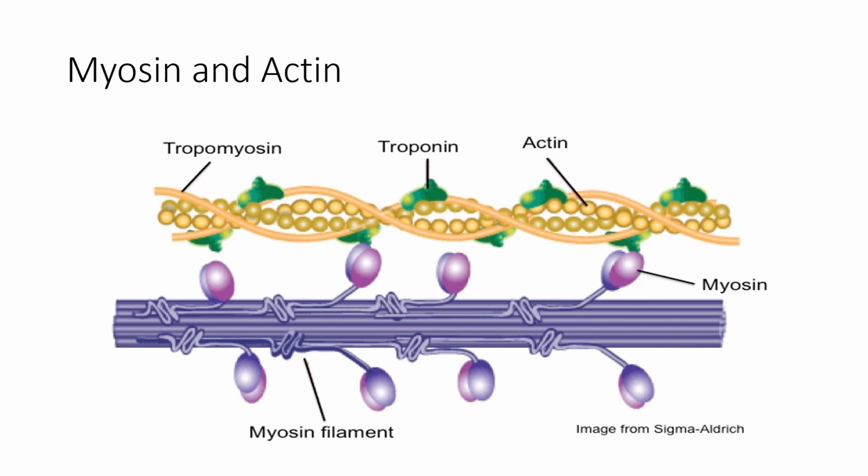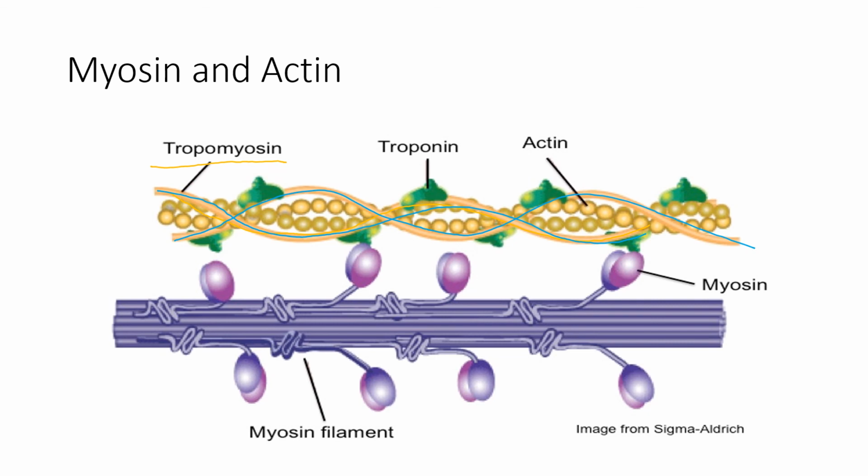So actin is actually surrounded by another two proteins. These two proteins are called tropomyosin, which are these wavy structures here. I'll do that in a different color so you can see it. These wavy structures that intertwine themselves like a braid.